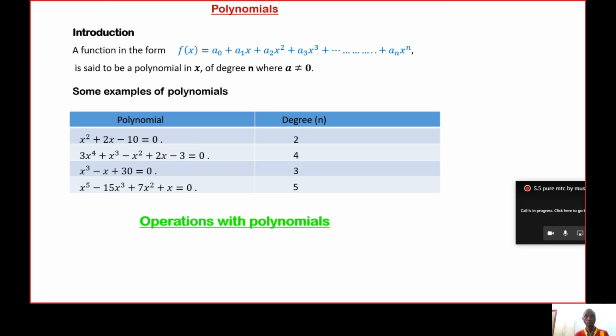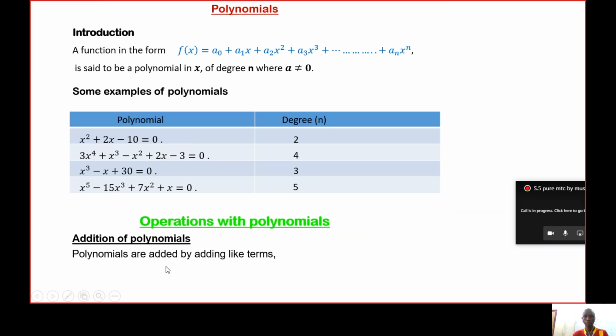So we can go to operations with polynomials, and let us begin with addition of polynomials. Polynomials are added by adding like terms.